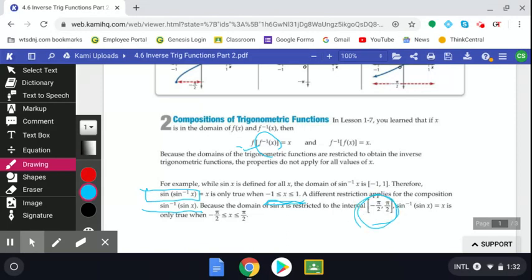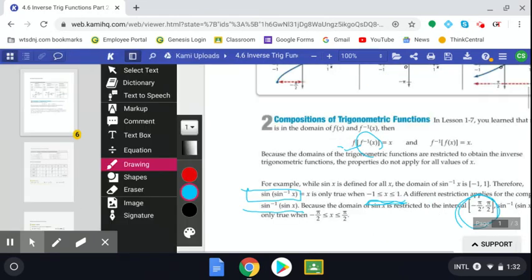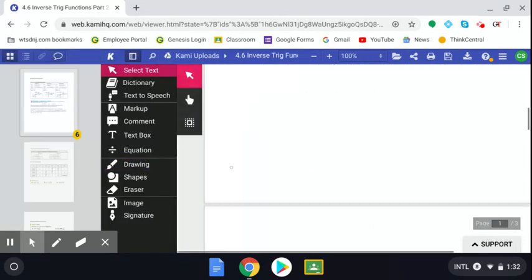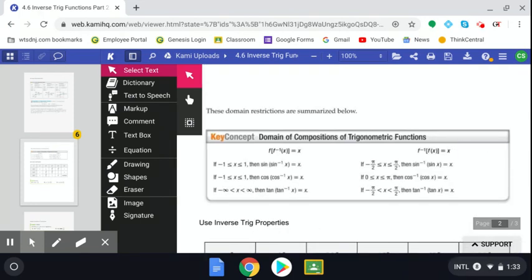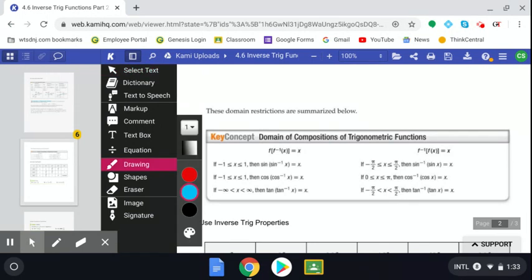I don't want to get too much into the reasons why that is, but you have a little chart here that summarizes the domain restrictions for compositions. So if you have sine of inverse sine of x, then the domain has to be this. Cosine of inverse cosine of x, the domain has to be that interval.